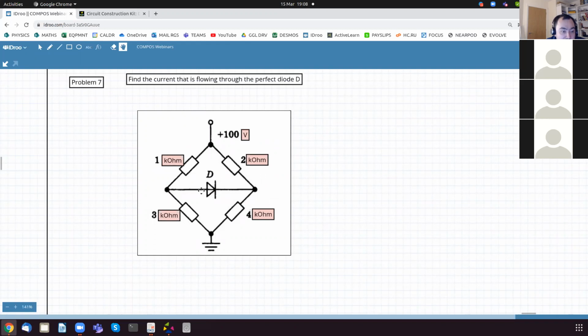That means that current can only flow one way. Or in other words, if the current flows from left to right, the resistance is 0. And if it's flowing from right to left, the resistance is infinite.